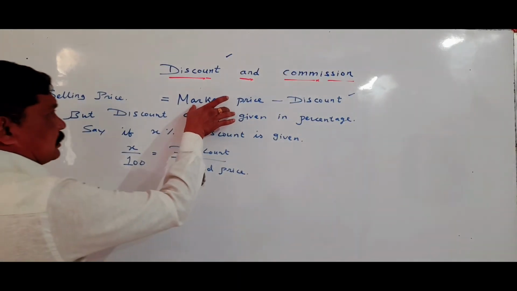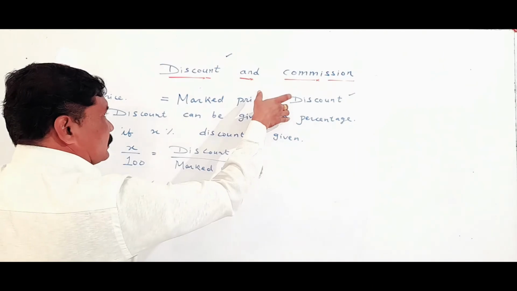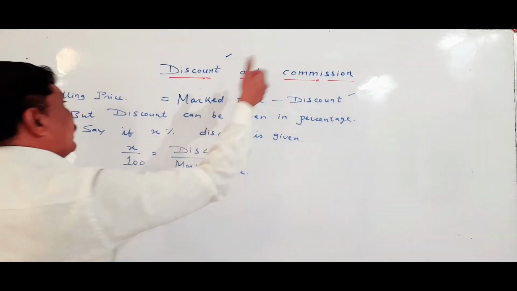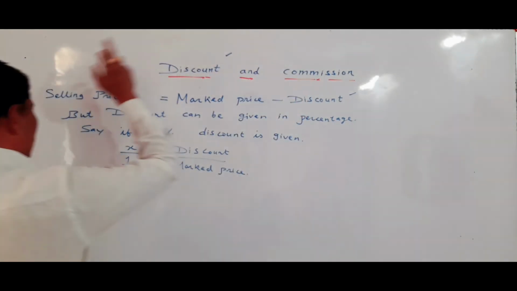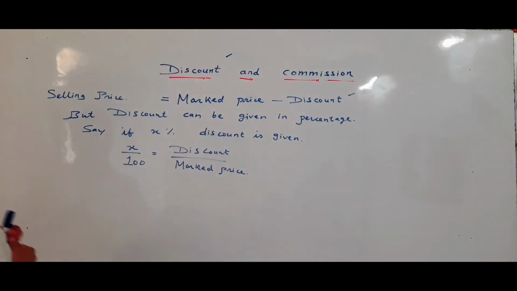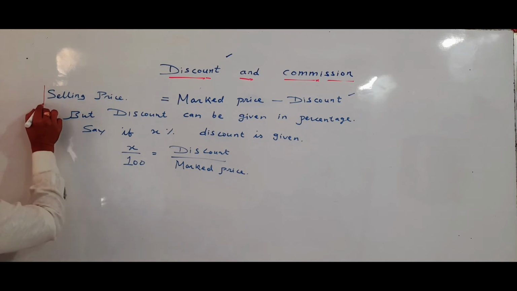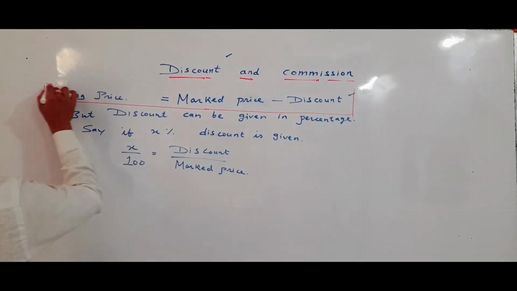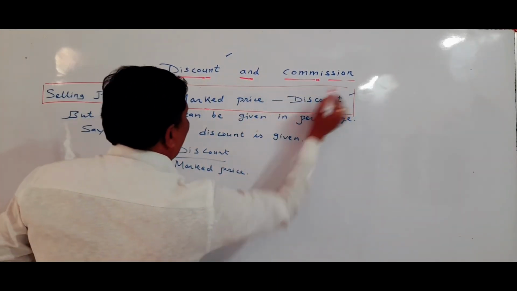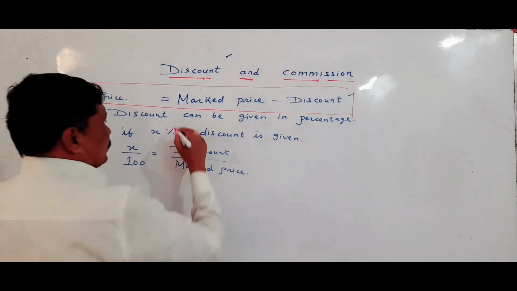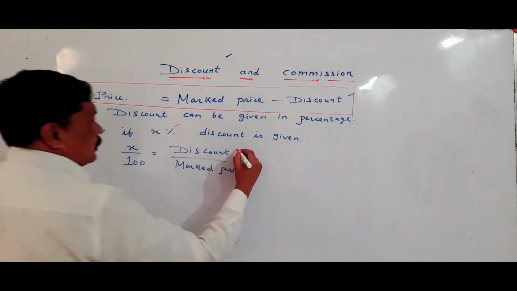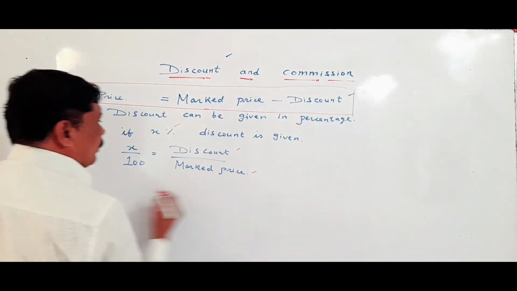Mark price minus the less amount, that is discount, is equal to selling price. So selling price is equal to mark price minus discount, and if the discount is given in percentage, we have the formula X upon 100 is equal to discount upon mark price.